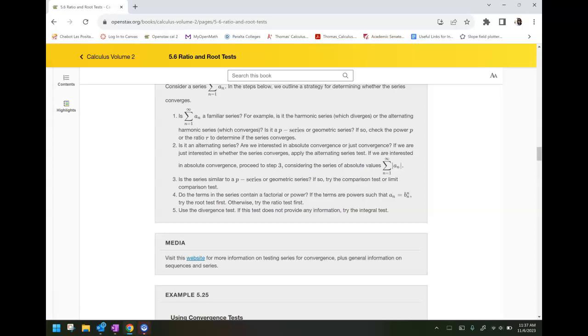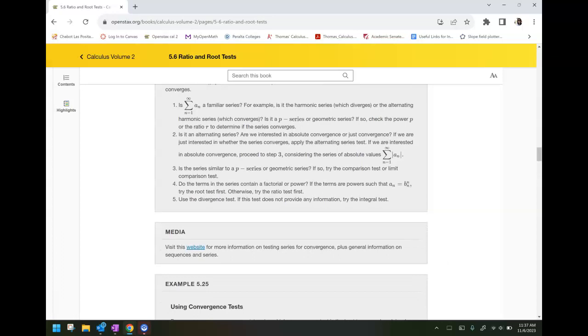If it's alternating, we're interested in absolute convergence or just convergence. If we are just interested in whether the series converges, apply the alternating series test. If we're interested in absolute convergence, we proceed to the next step, considering the series of absolute values.